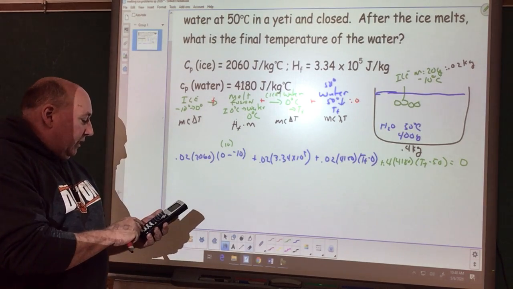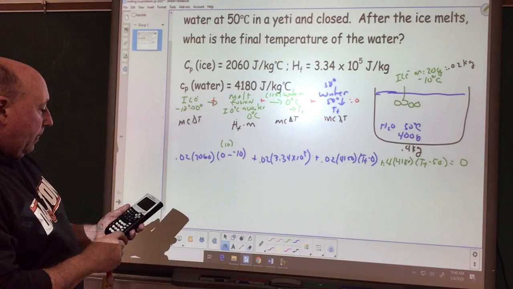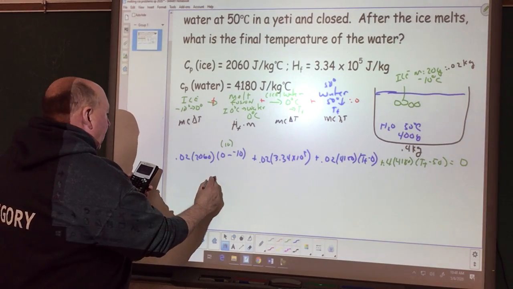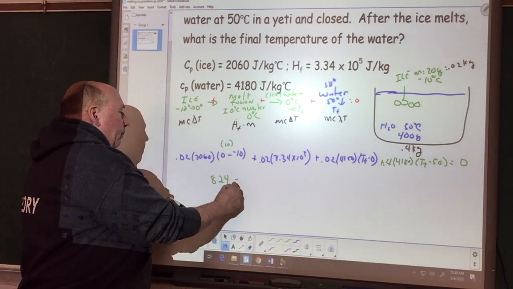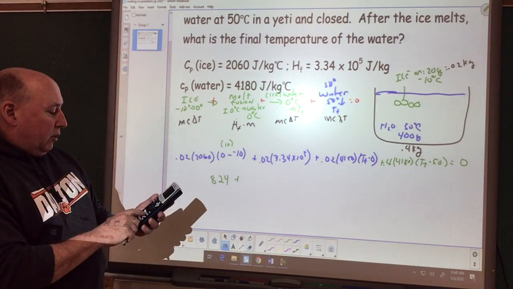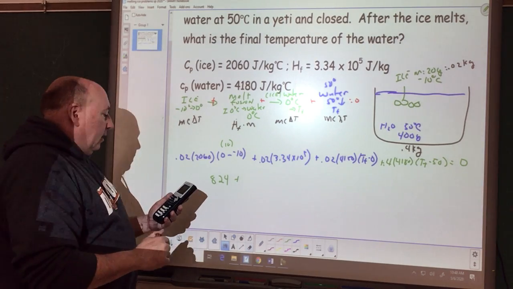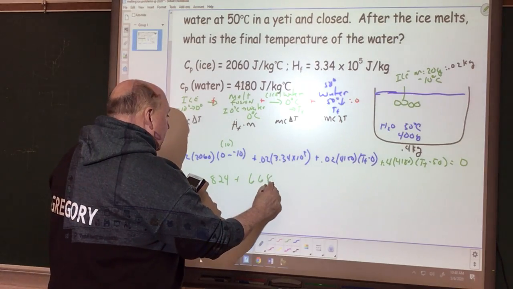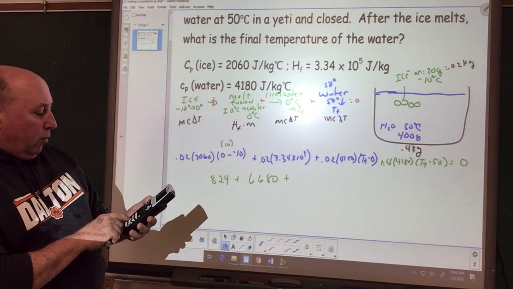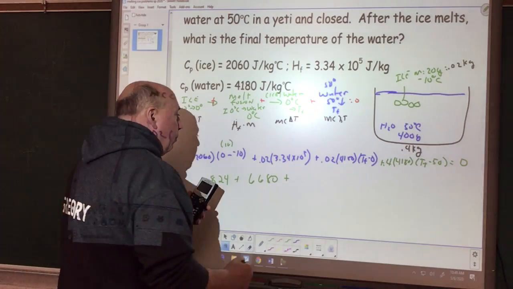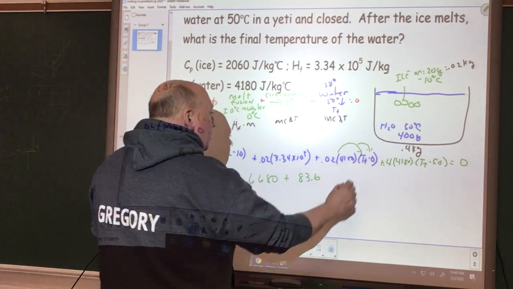So we could start clickety-clacking through the calculator. We have 0.02 times 2060 times 10. We get a value of 824 joules here. Here we have 0.02 times 3.34 e to the 5th. We have plus 6680. 0.02 times 4180. We get 83.6, but that's going to get distributed over to both of these terms.